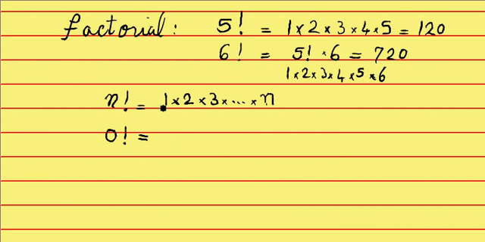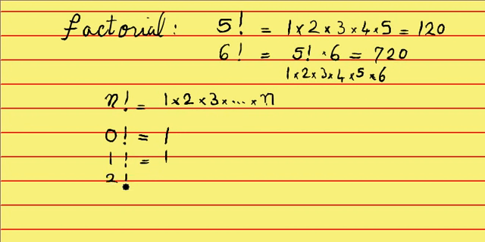But 0 factorial essentially implies a multiplication that can't be done because you can't start from 1 and reach 0. In all such cases, multiplication over an empty set is defined to be 1. So without further ado, we are going to just define 0 factorial as 1, and just pay attention that 1 factorial is also 1. With 1 factorial, you're just starting at 1 and there is no multiplication to be done. So 1 factorial is just 1.